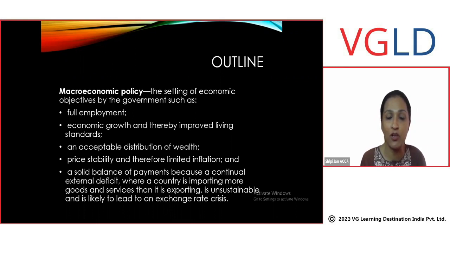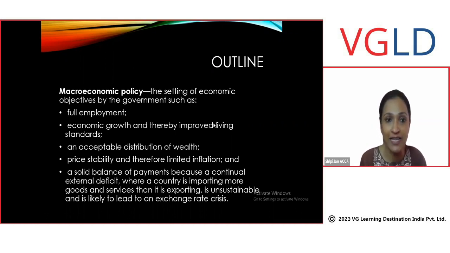So there has to be a good amount of price stability being thrown in so that our levels of inflation can be stabilized. We also want a good solid balance of payment, which simply means that we are exporting more than what we are importing, which means the foreign currency that we are getting into our economy is more than what we need to pay to the rest of the world.